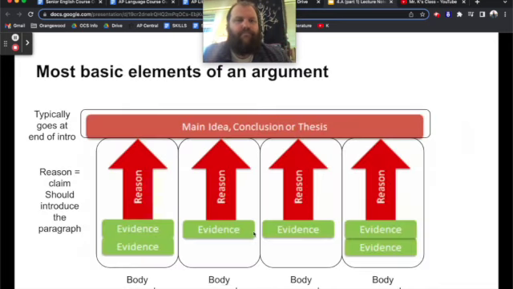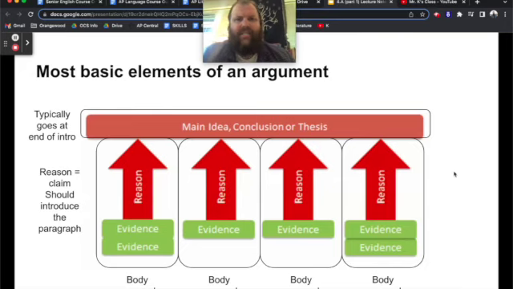All right. So here is the final look for the elements of an argument. My friends, once you get this down, and you practice this and you read examples of arguments that are great and arguments that are awful, and workshop how we can make this one better and all that good stuff, you got this.